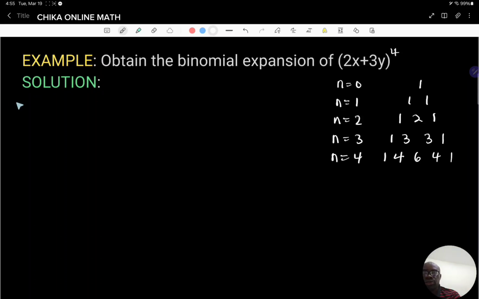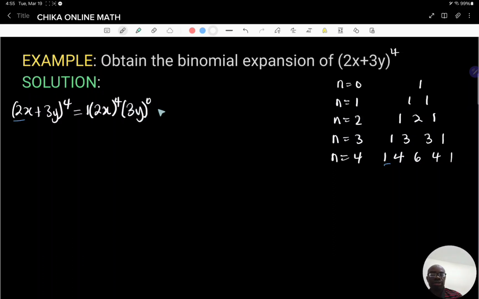So let's do the expansion now. We have (2x + 3y) raised to the power 4 equal to, we'll pick the first term, 1. Then we pick 2x raised to the power n, which is 4, then 3y raised to the power 0.